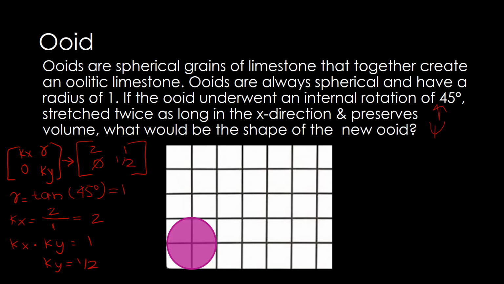To find the points, to find the new ooid, we're going to draw a square around the old ooid, just to make things simpler, and use these corner points and multiply them by the deformation matrices. So this is 0, 0, 2, 0, 2, 2, 0, 2. We're going to multiply it by our deformation matrices.